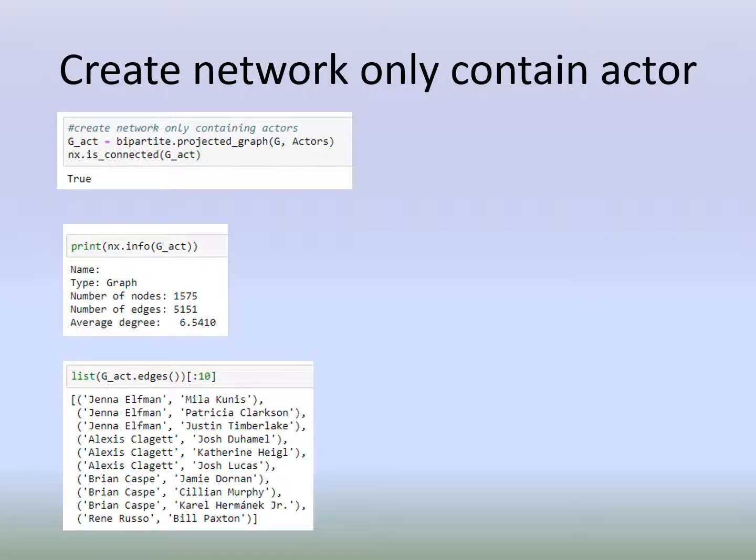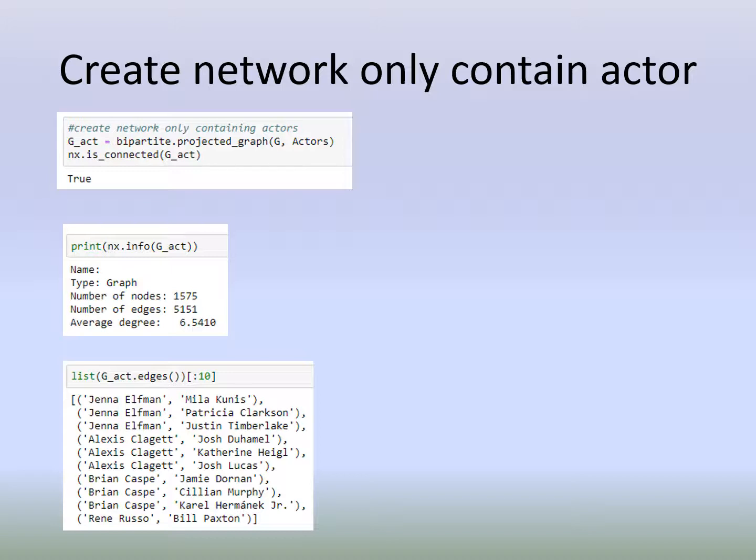Here we create a network that only contains actors. This is the network G actor, which only contains actors, no movie titles. Here we got this network has 1,575 nodes and 5,151 edges, and the average degree is 6.5.